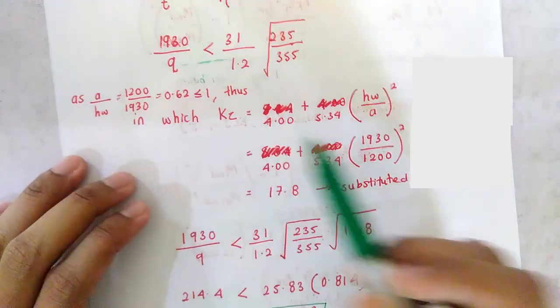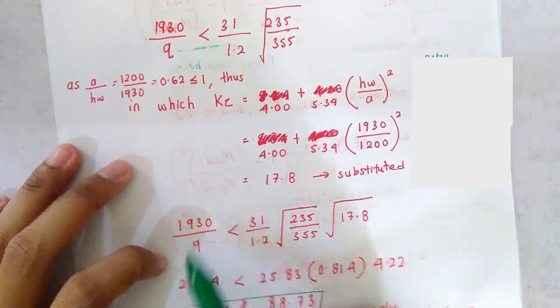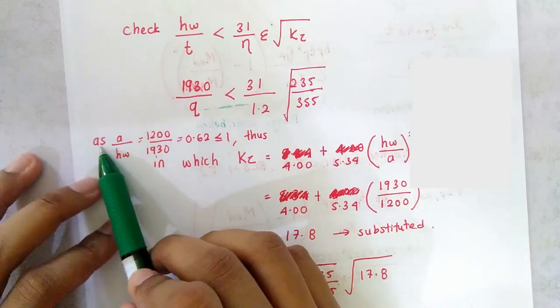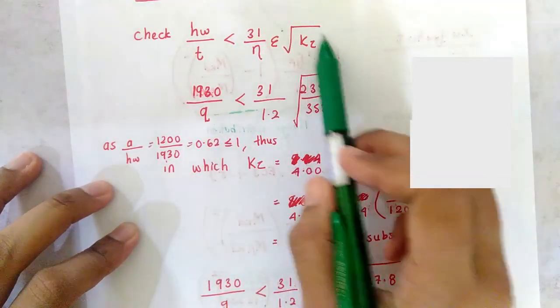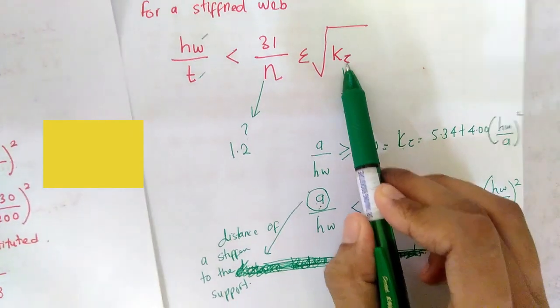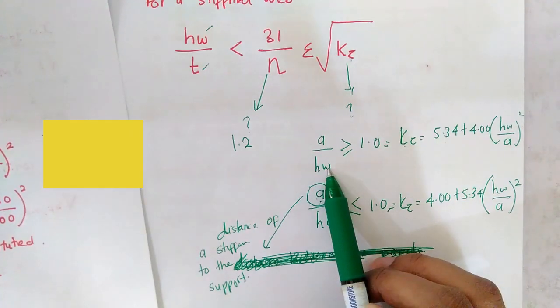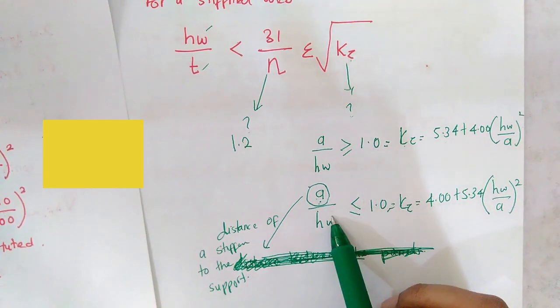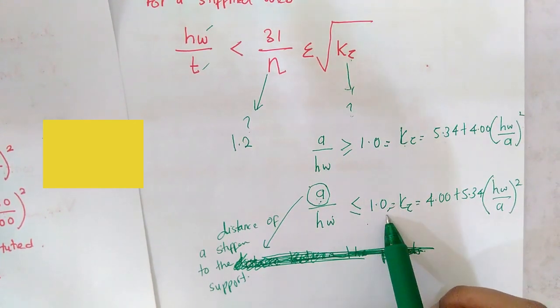To do that, as I said earlier, you need to know whether a over hw is larger than 1 or lesser than 1.